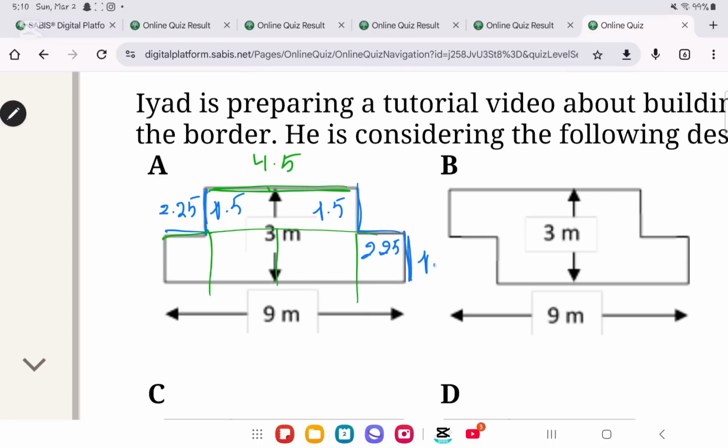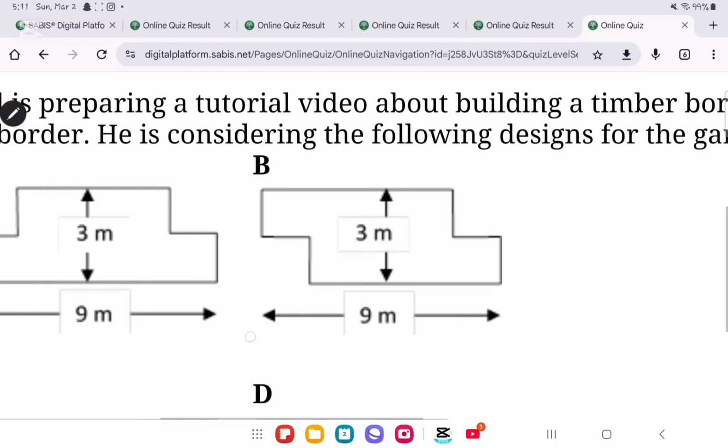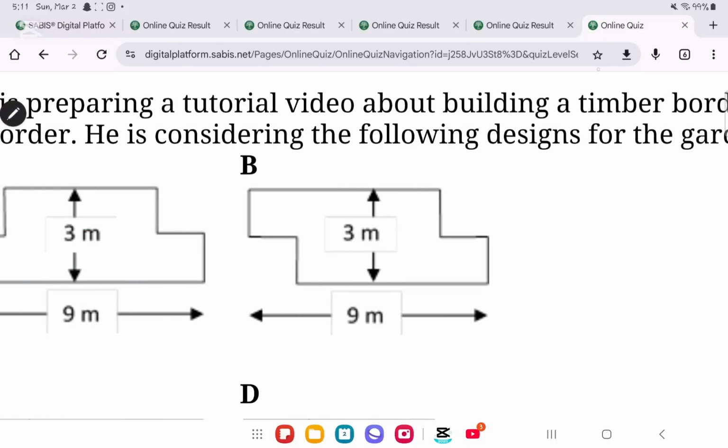This is also 1.5 meters, and this is also 1.5 meters, and then finally this is 9 meters. So if we add them all together, 4.5 plus 2.25 plus 1.5 plus 1.5 plus 9 plus 1.5 plus 2.25 plus 1.5, you get in total 24 meters. So A is definitely an option. We move on to part B.